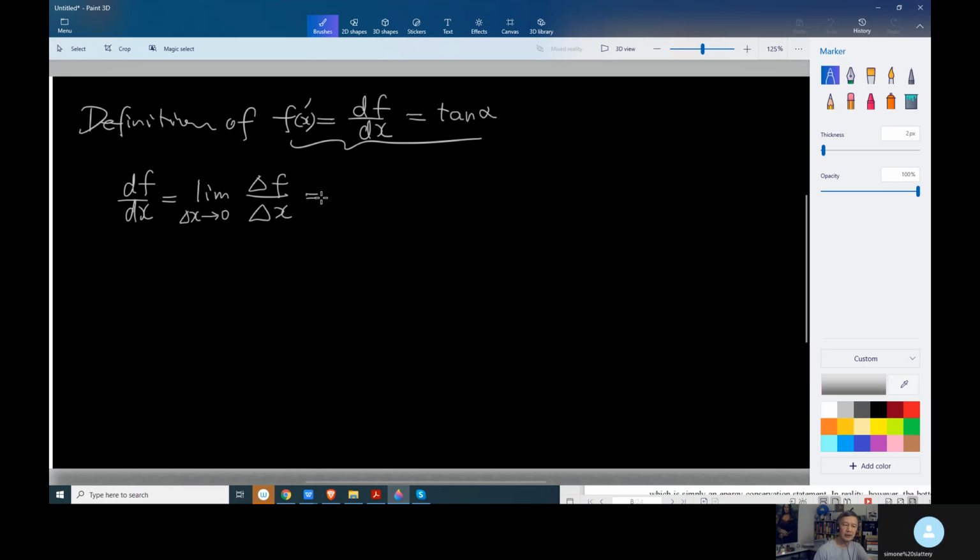Now, if you go further, what is delta f of x in this case? We need to draw the diagram. Can we just consider the parabola this time? So let's put the parabola here. By definition, if you want to know the slope, you have to specify x, the position where we are interested in the slope.